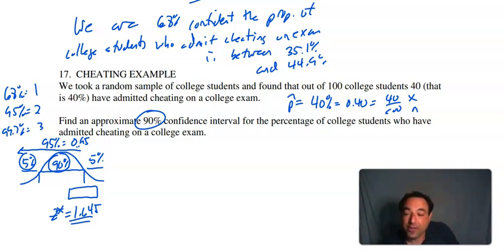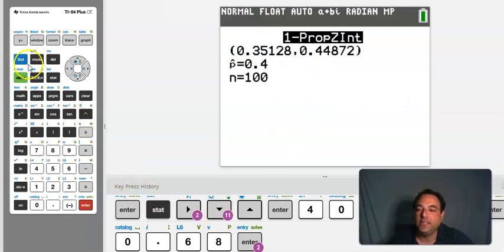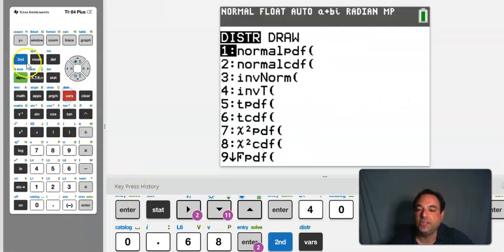There is a way to do this in the calculator using the inverse norm, but you're going to need that area to the left. So you still need to find the area to the left, which is 0.95. And then the calculator is going to ask you for the mean of 0 and standard deviation of 1. To show you how to do that, inverse norm, you're going to hit second vars, go to number 3, inverse norm.